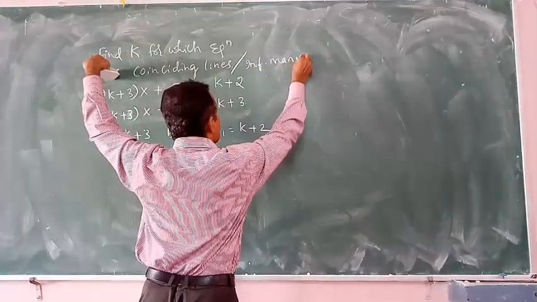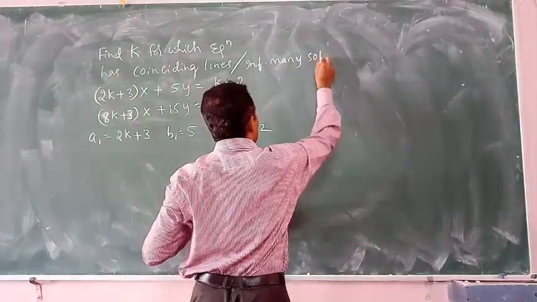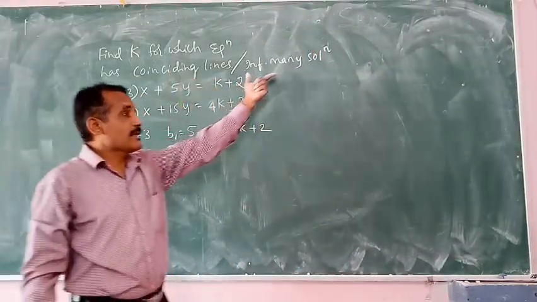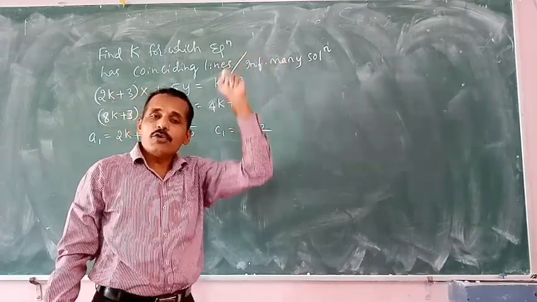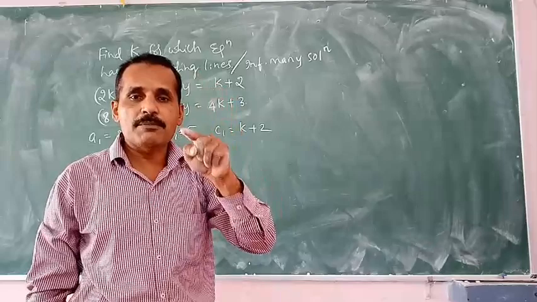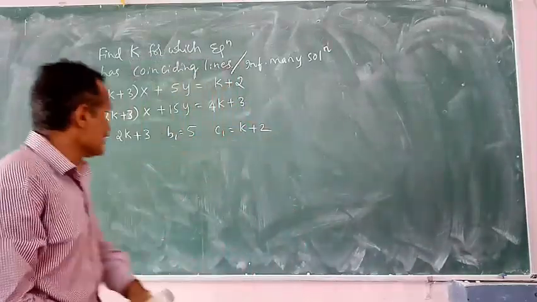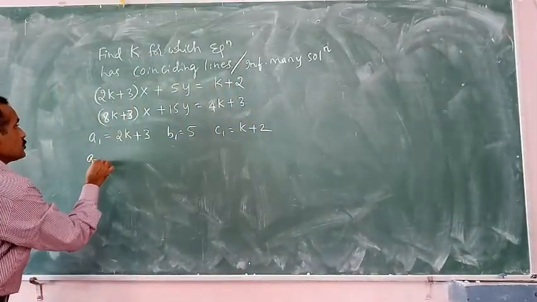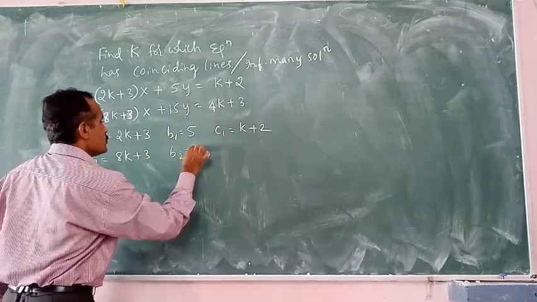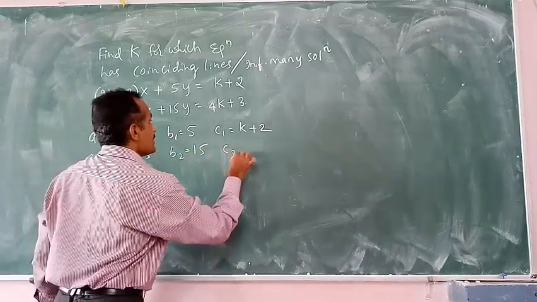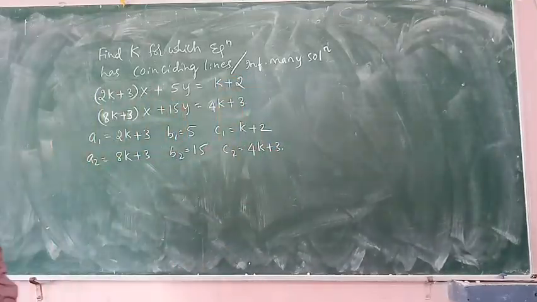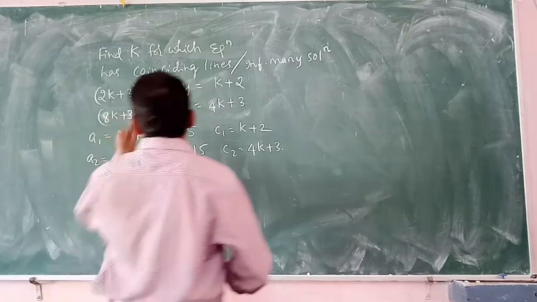One and the same, the meaning is the same. For both statements, the condition is a1 by a2 equals b1 by b2 equals c1 by c2. a2 is 8k plus 3, b2 is 15, c2 is 4k plus 3.